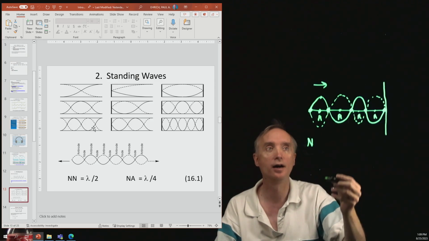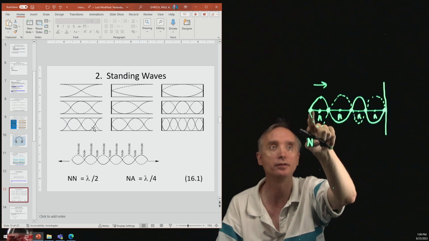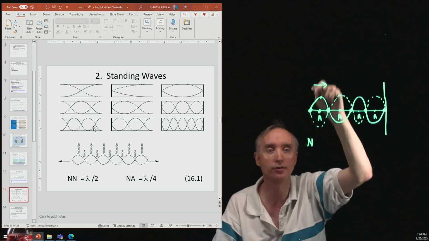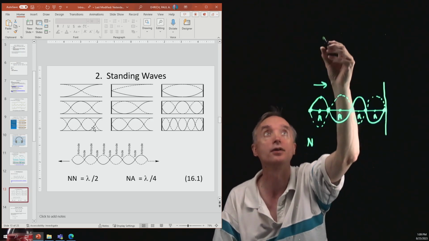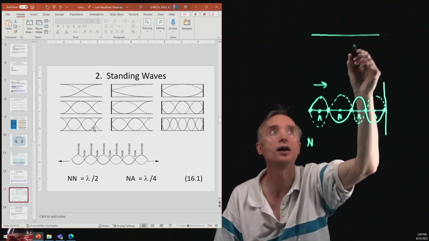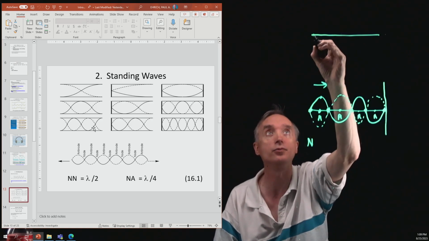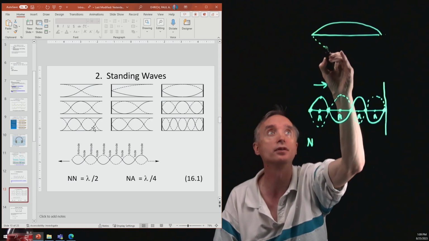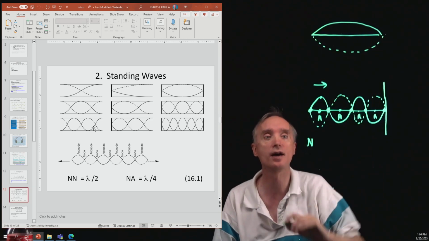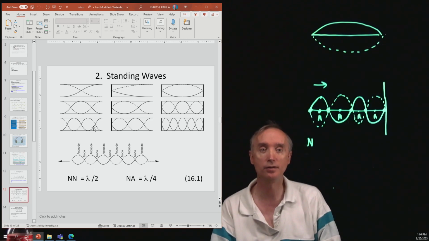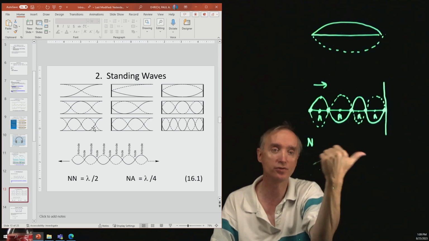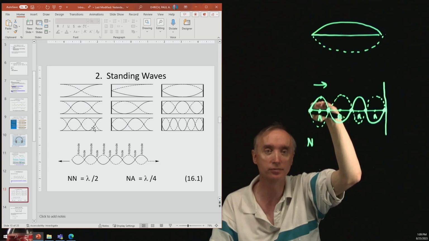If you have a string attached to a wall over here and you're flipping it up and down, the first kind of standing wave that you would have would be a really big one. It's going to look like this. So that's one standing wave, and that is the picture that is to the right and uppermost.